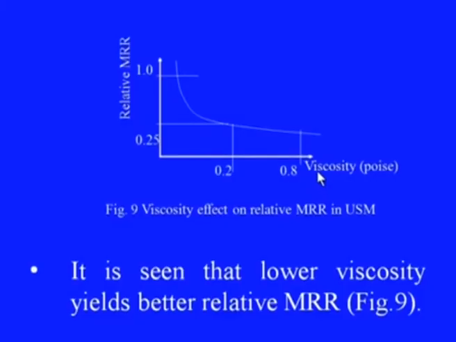The next parameter is the viscosity. We are talking about the slurry. Slurry is one of the important components in this system, and this particular characteristic shows that as the viscosity increases, the material removal rate decreases, which is quite possible, because as the viscosity increases, the movement of the abrasive particles in this medium becomes sluggish.